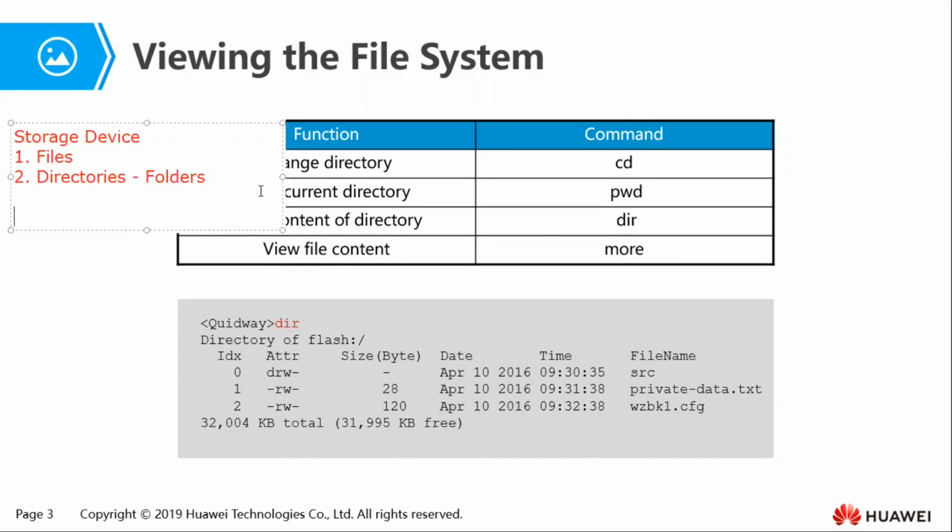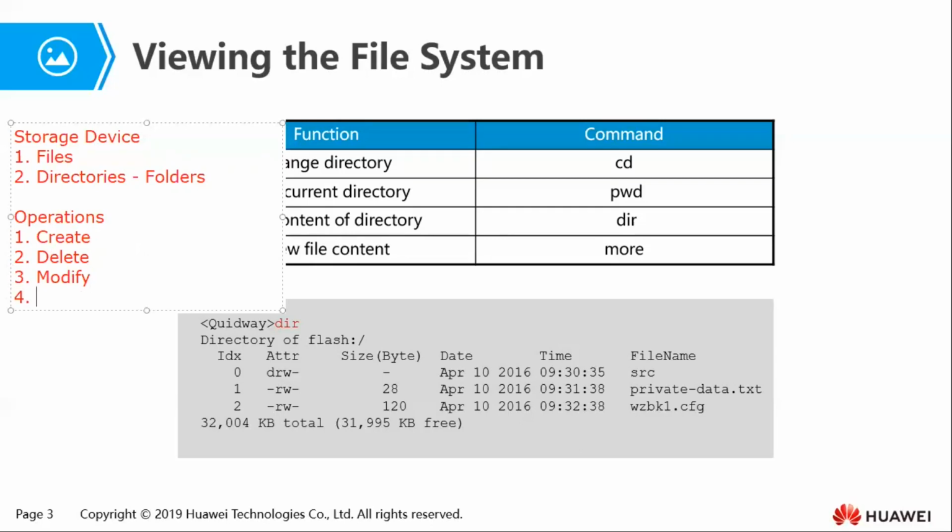Now, there are certain operations that you might do to your file or your folder. For example, you might want to create a file or a folder. You might want to do the opposite, which is delete. You might want to modify, which is edit. You might want to rename a file or a folder. Other operations include displaying the content of the file or directory, and so on and so forth.